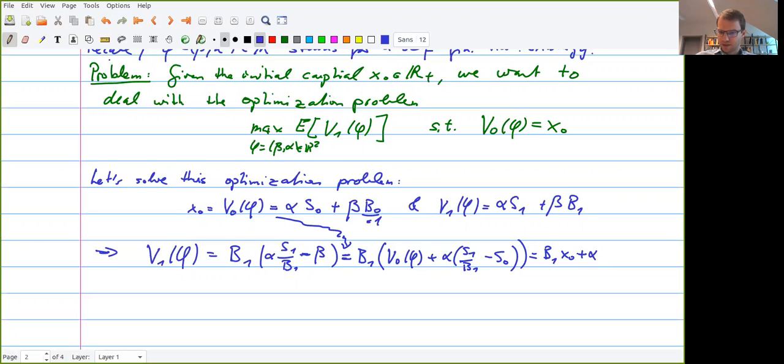Then I have plus alpha, so right here the beta 1 is canceling. Then I have minus S0 multiplied with b1. Yes, and I lost an alpha. So here we are.